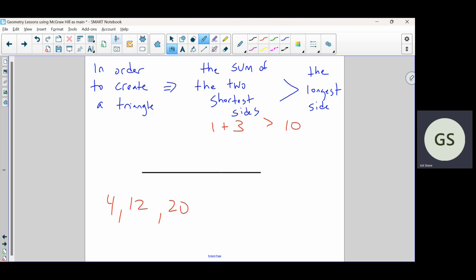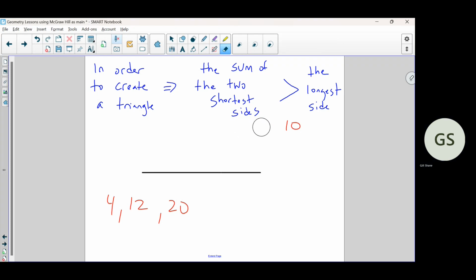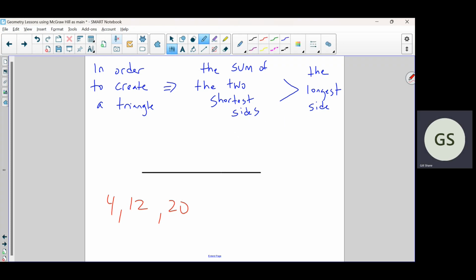Let's replace everything before we do math. The sum of the two shortest sides has to be greater than 20, the longest side. Is that true? No. So again, we cannot make a triangle.